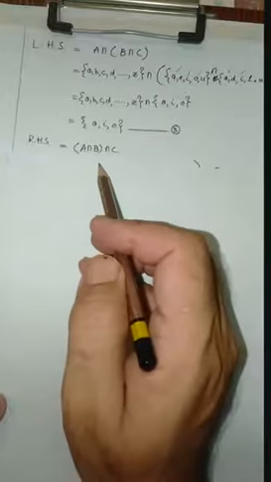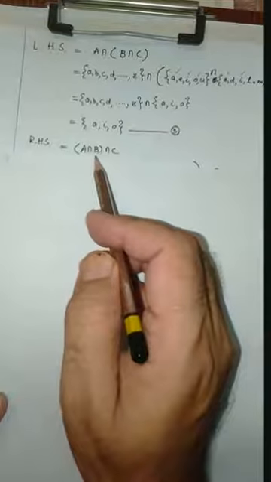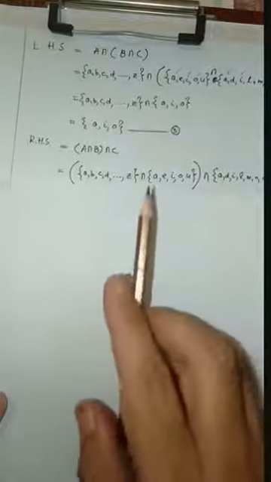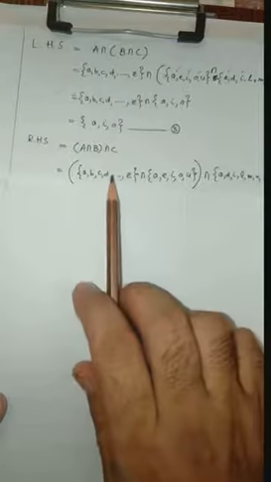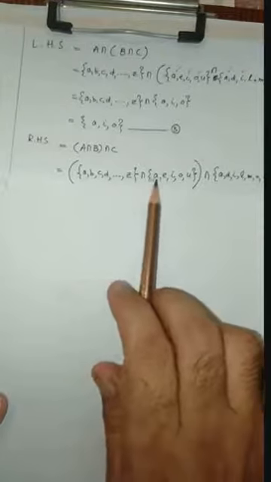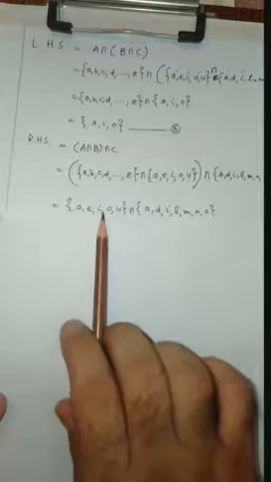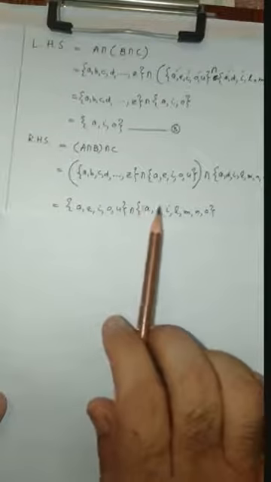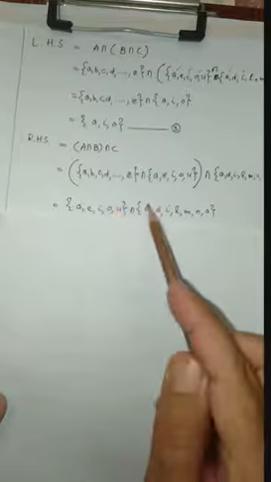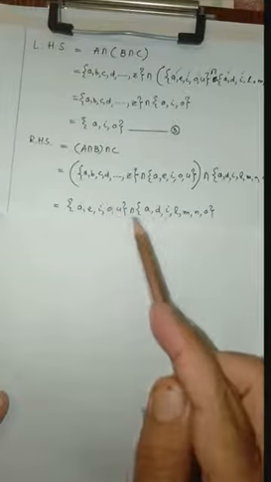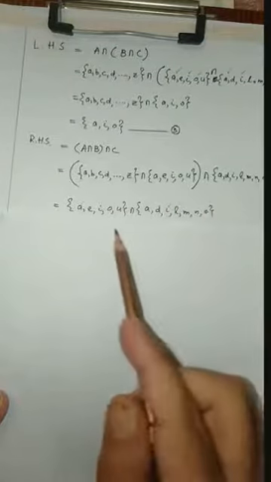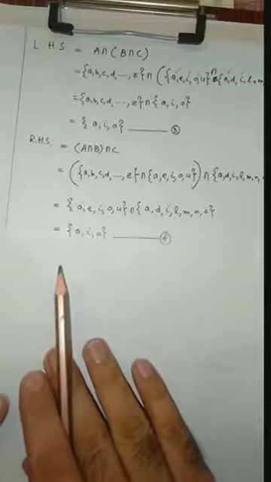Now right hand side, A bracket A intersection B intersection with C. Putting the sets like this. First of all we will take the intersection between these two sets which are in the brackets. So the answer is AEIOU like this. Now taking intersection between these two sets, so the common element is A, I, O. These three elements are common between these two sets.